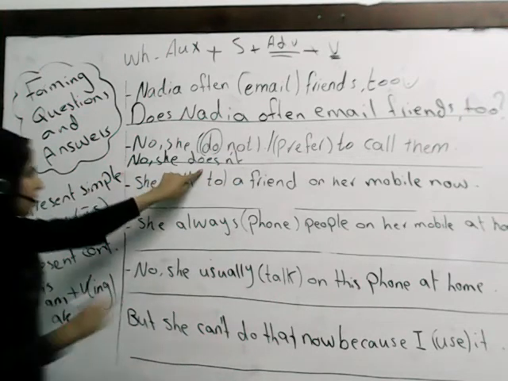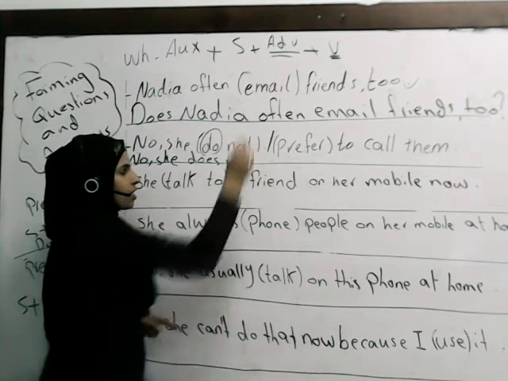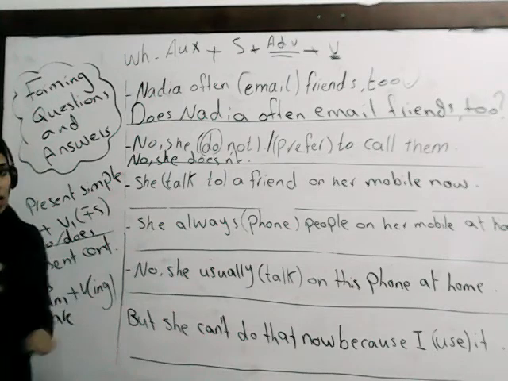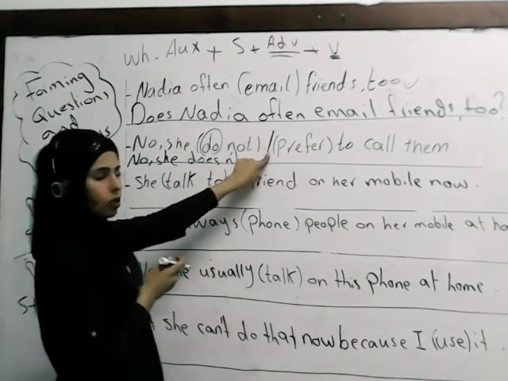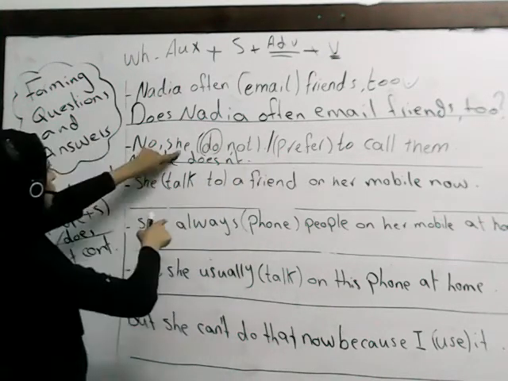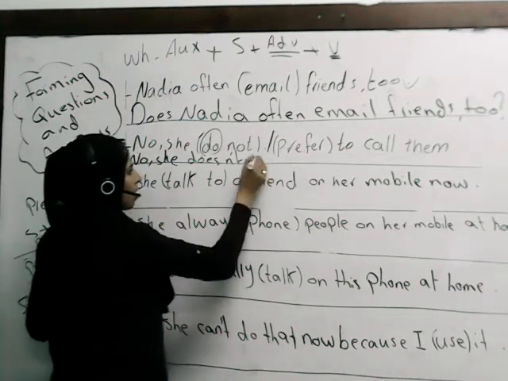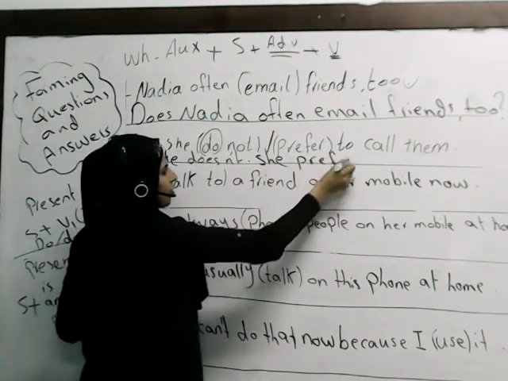No, she doesn't, full stop, and you have here a slash. What does this slash mean? This slash is a new sentence. After the full stop, you are starting a new sentence. So you need to start with the subject. The subject here is she or Nadia. I will start with she. And prefer is the verb.